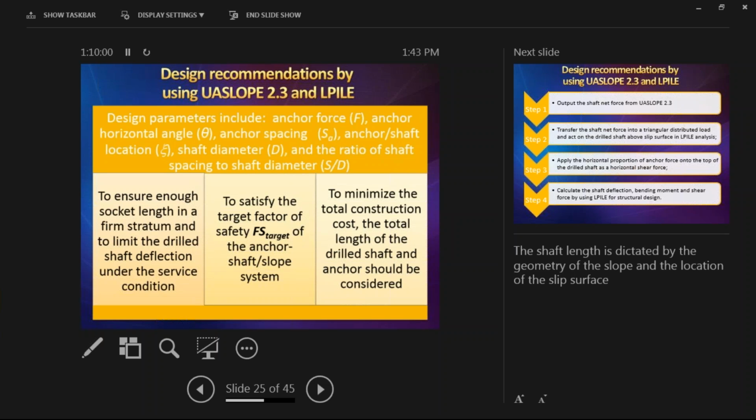And also, of course, we want to satisfy the factor of safety with the drill shaft in place, or with drill shaft and anchors. We want to make sure we choose the combination of the size and the length of the drill shaft such that the total cost will be minimum. So we not only satisfy the safety concerns as well as the serviceability concerns, but also we're trying to economize the design. The constructability issues and the access to the site also need to be considered.